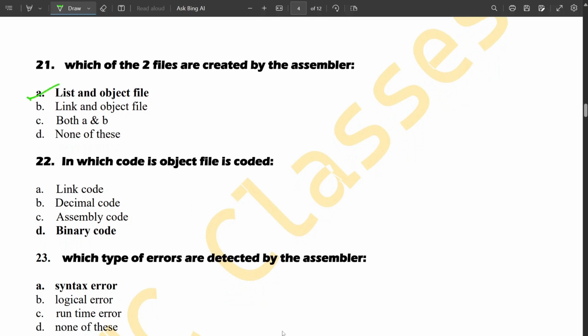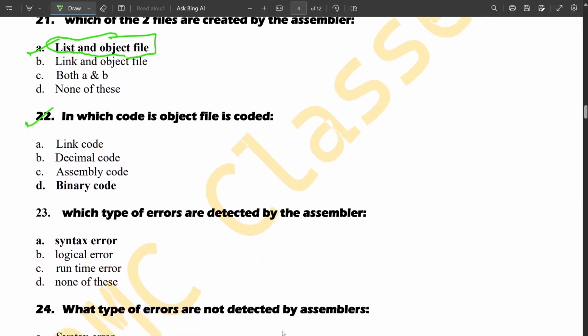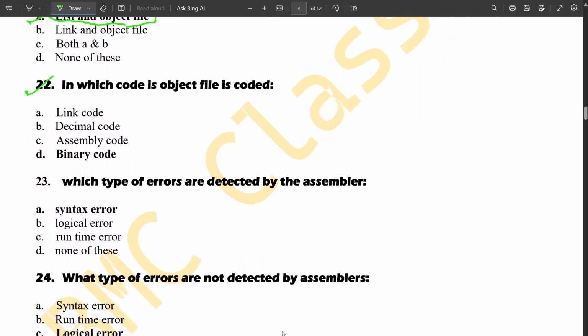Assembler creates list and object file. Option number A is correct. Question 22, in which code is the object file coded? In binary code.